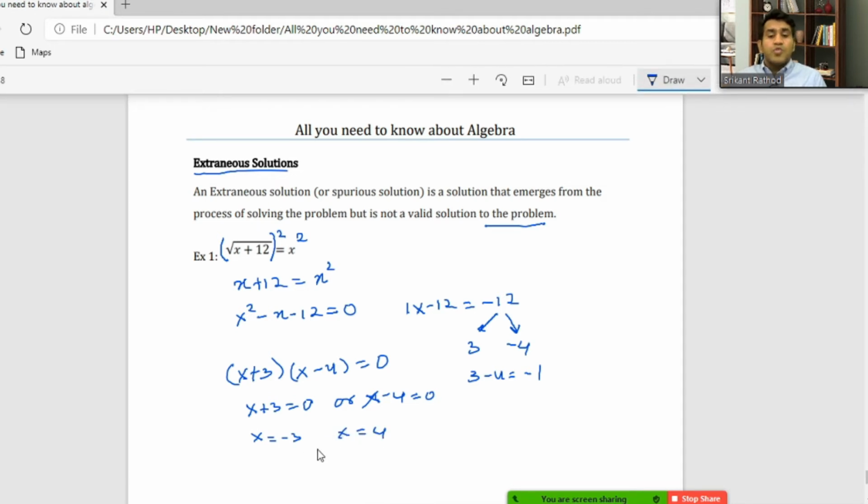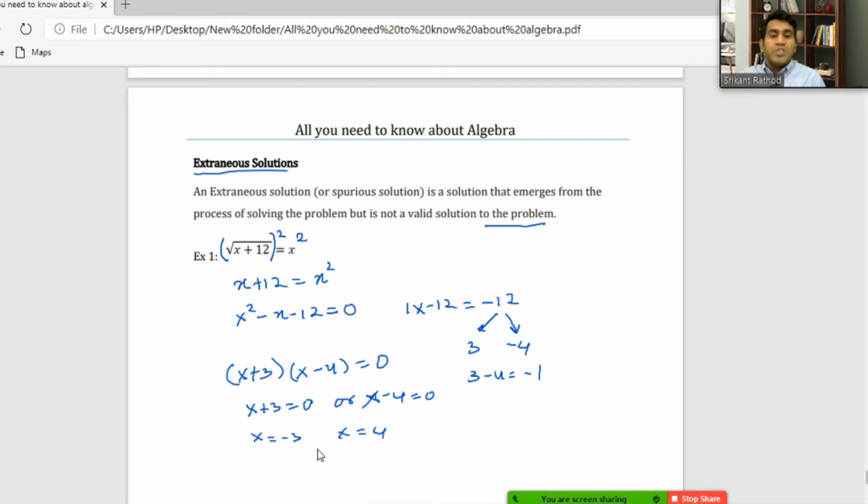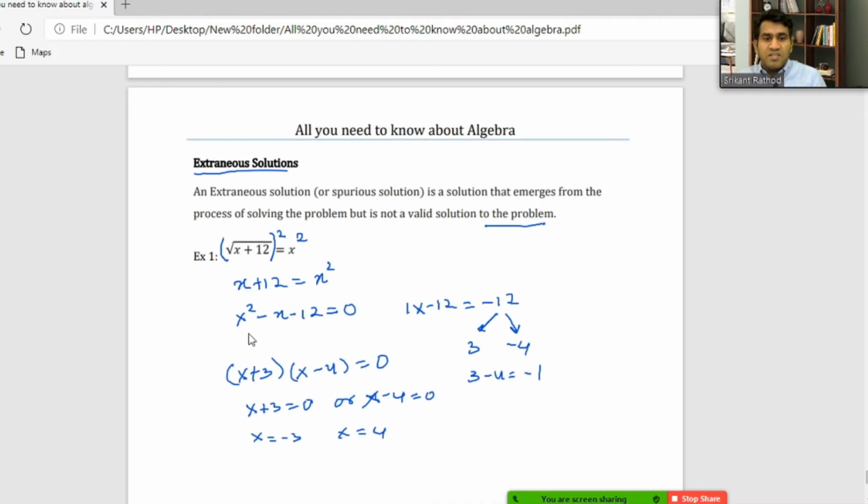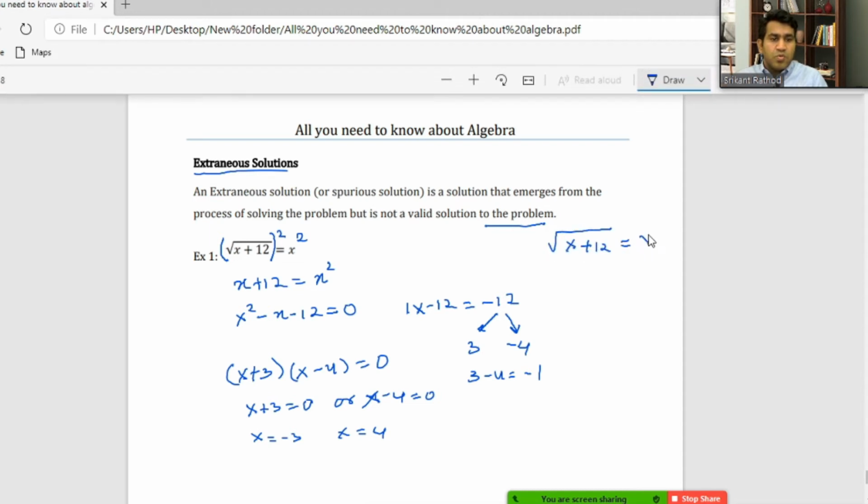Now I got the two values of x here, but I don't know which values are true and which are false. Just to verify, I have to substitute them in the original expression. So what's the original expression we have? The original expression here is the square root of x plus 12 equals x.